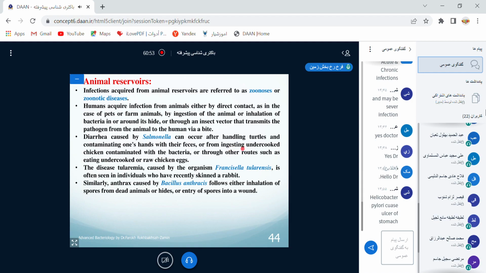If we eat undercooked chicken contaminated with Salmonella, we go through salmonellosis.